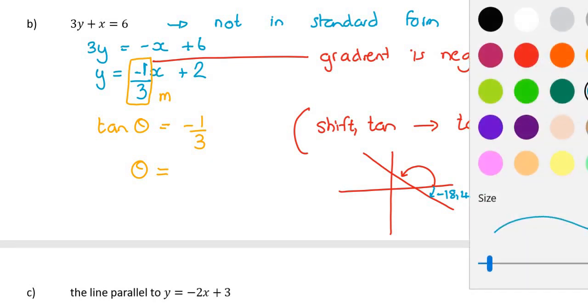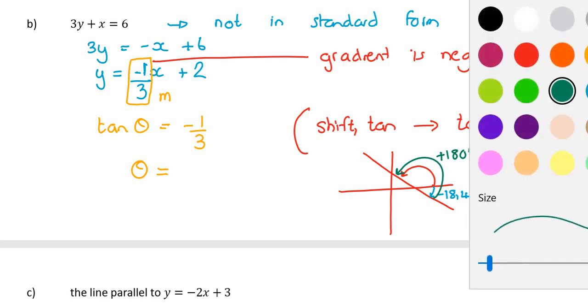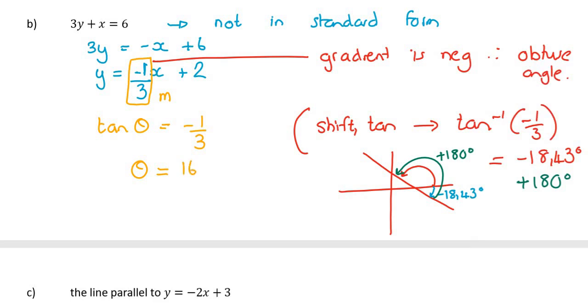So how do I go from this negative answer back to the answer I want? Well, I add 180 degrees, because when I add 180 degrees, I'll get the obtuse angle that I want. So if I add 180, I get 161,565, so 161,57 degrees.